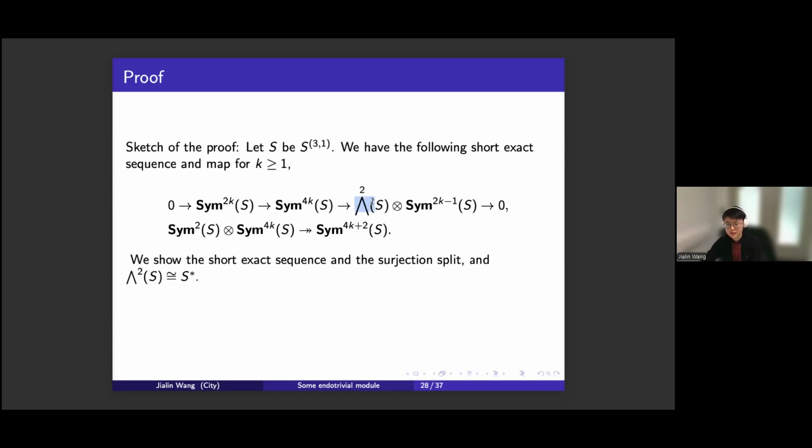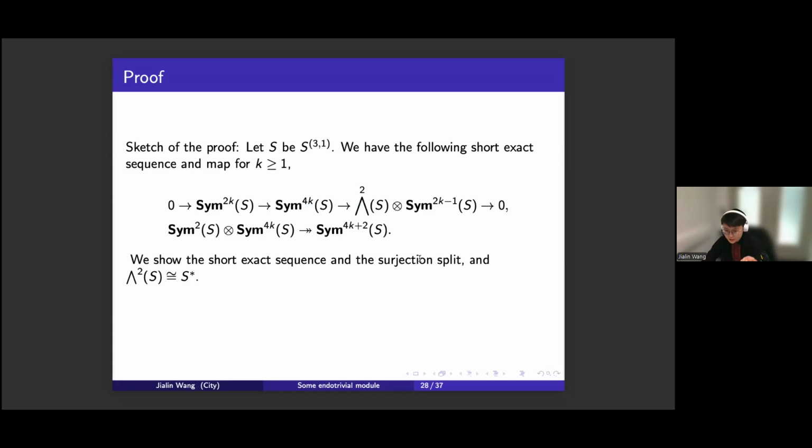And also this second exterior power of S is isomorphic to the dual of S. So this sort of gives us information when the power is even.